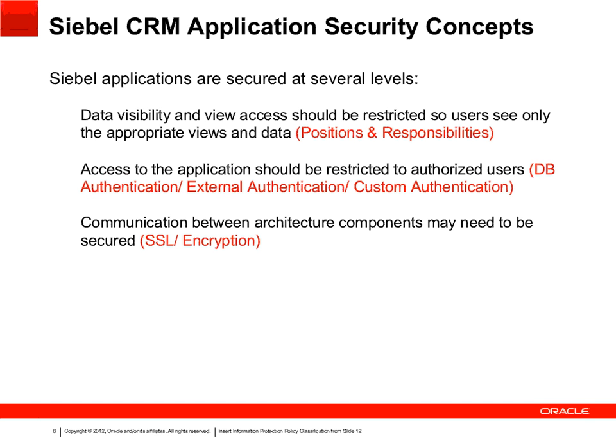For example, user data visibility, as well as the view access for various screens, should be restricted. So the user can see only the appropriate views and the related data according to the job function he or she is doing. Now, this is done by the positions and the responsibilities in Siebel.